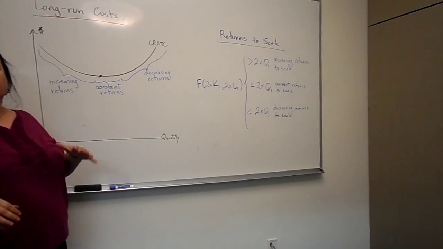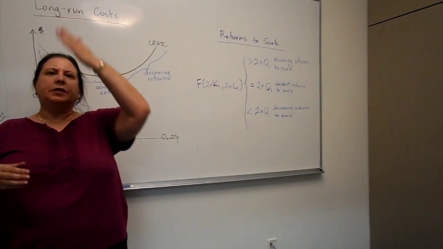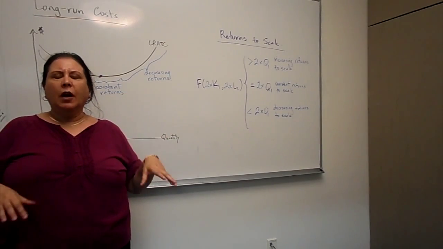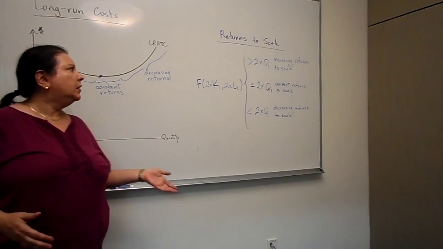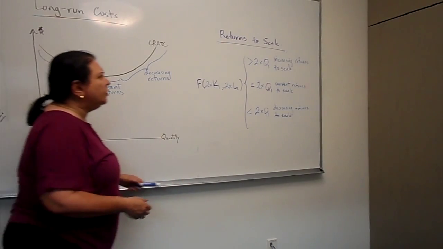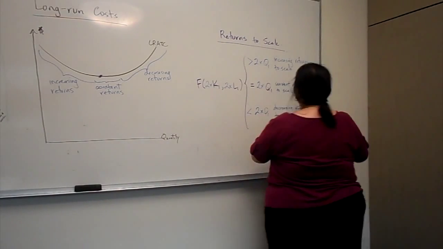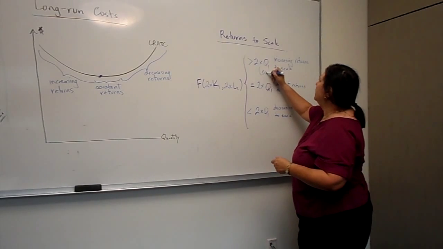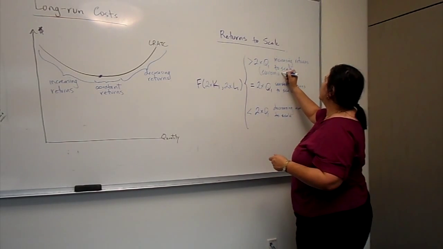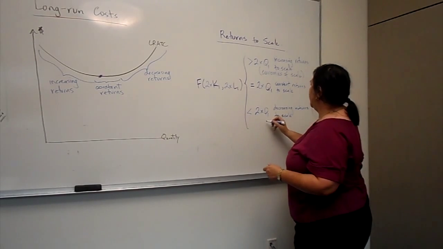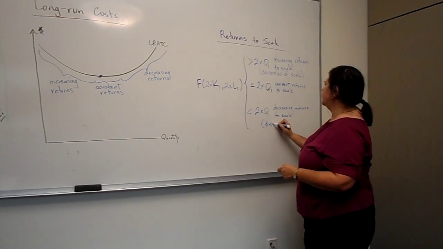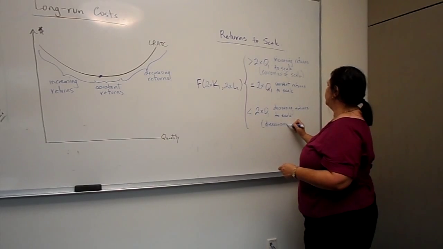Okay, so the reason you have U-shapes for the cost curves in the long run is because of returns to scale. We also call increasing returns to scale economies of scale. And decreasing returns to scale is called diseconomies of scale.